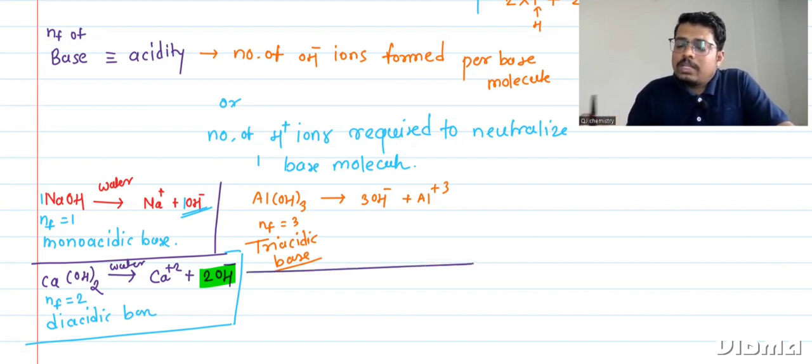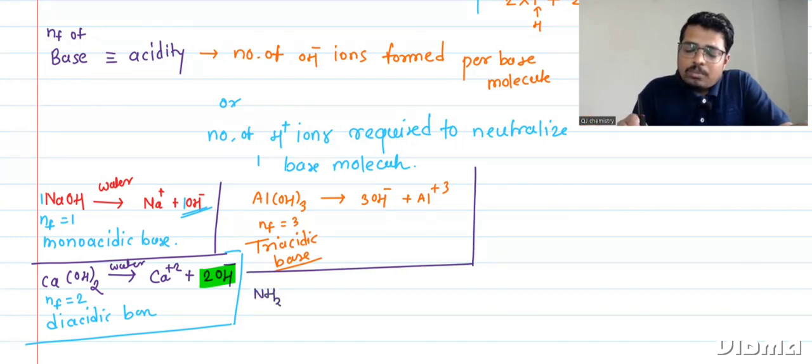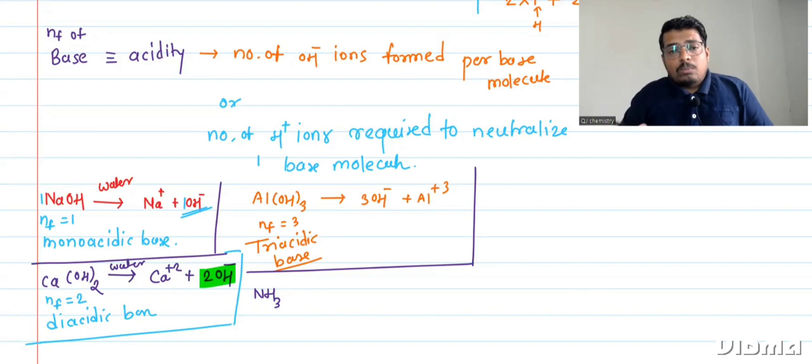For example, in case of ammonia base, when ammonia acts as a base, we know that there is one lone pair on the nitrogen atom. Now, there is no OH minus ion, so we cannot use the first definition of acidity calculation. Now, we'll be using the second definition, that is number of H plus ions required to neutralize one base molecule.